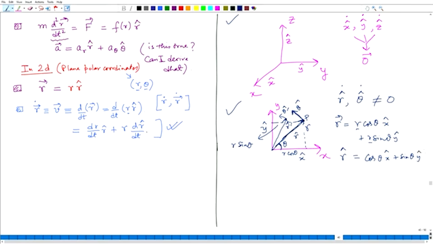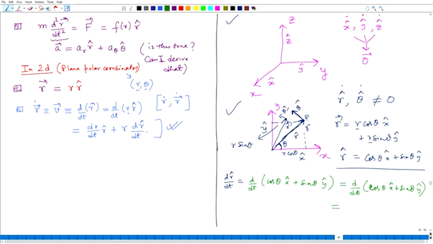Now, what is dr cap dt? I now have to take d/dt of this expression. So, you have to write d/dt of cos theta x cap plus sin theta y cap, which is nothing but d/d theta of this thing, because this is a function of theta and theta is a function of t.